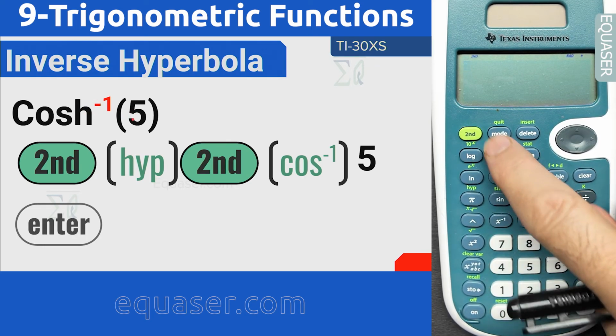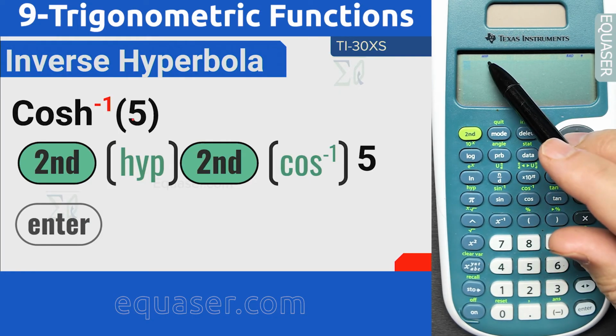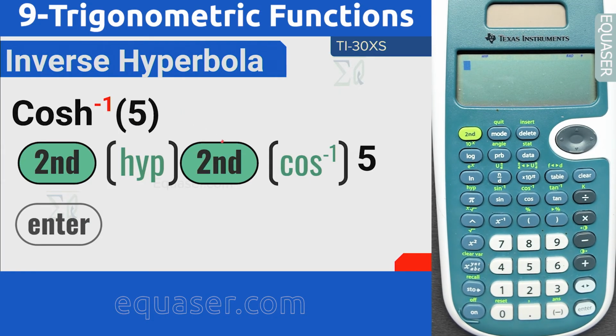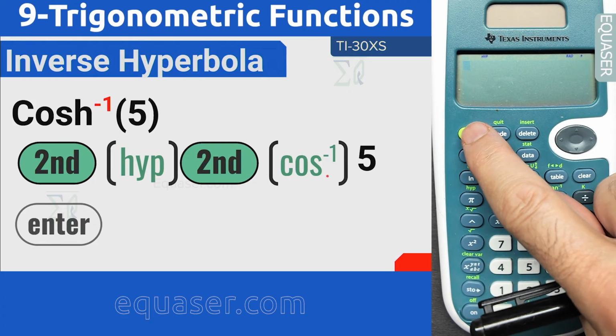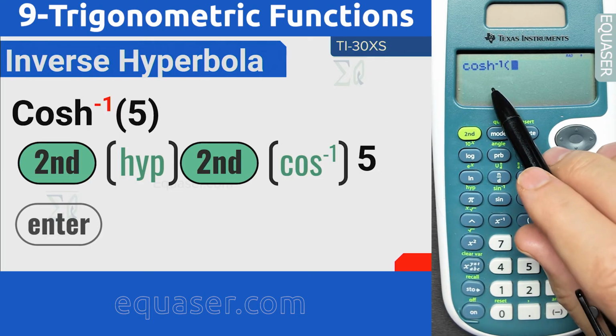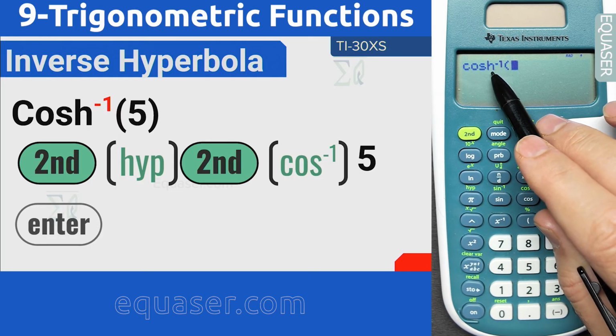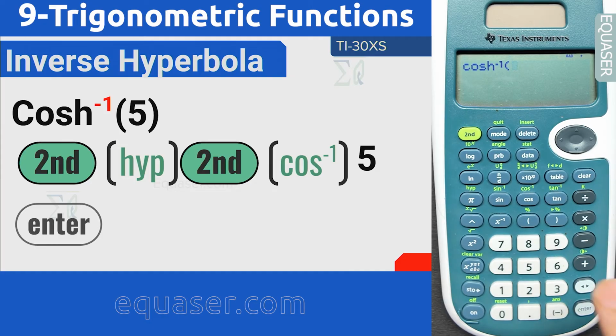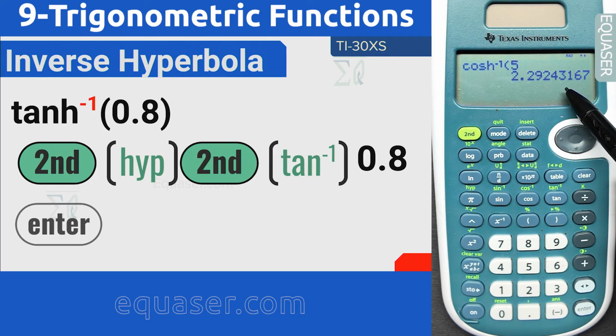So we press second function hyp to select hyperbolic, and again second function for the inverse of cosine. Again second function cos. Now it says cosh inverse, and then 5. Enter. We got the answer.